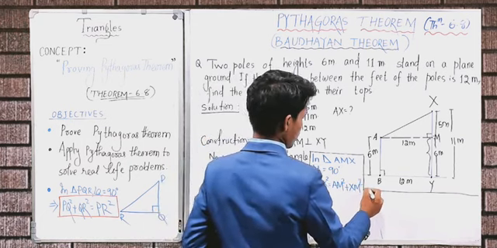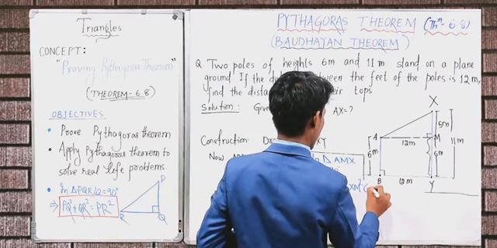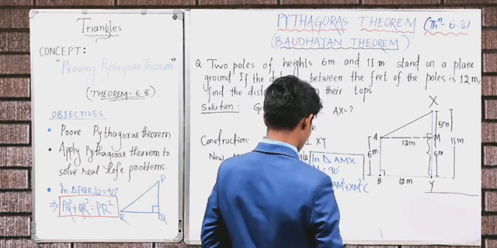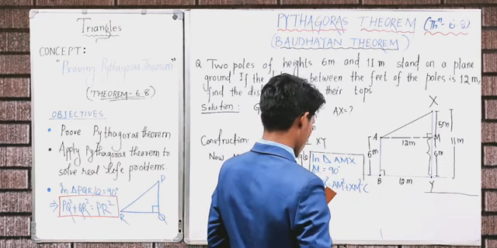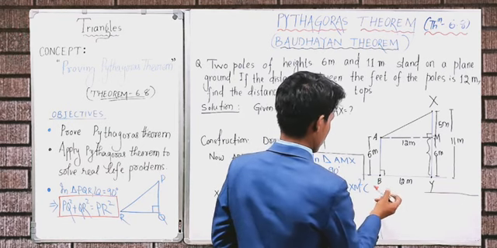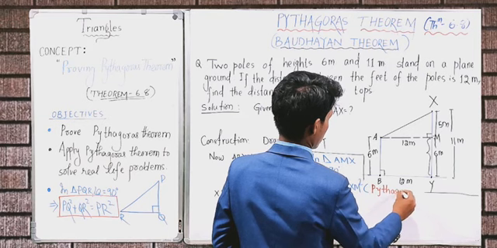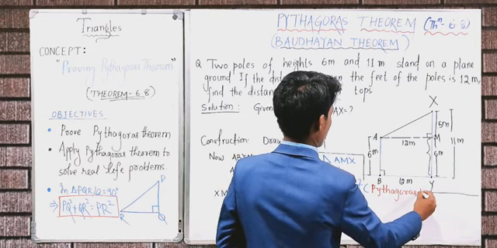You can write here in under bracket or inside bracket. Why? It's because of Pythagoras theorem. So we'll write that one according to Pythagoras theorem.